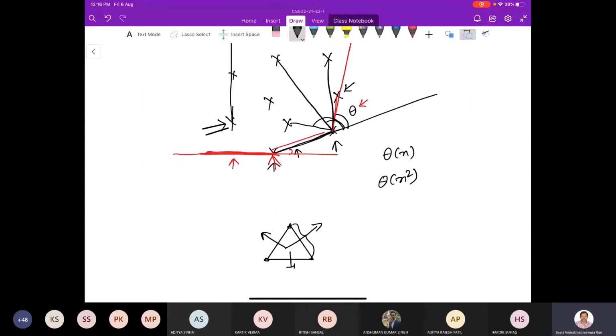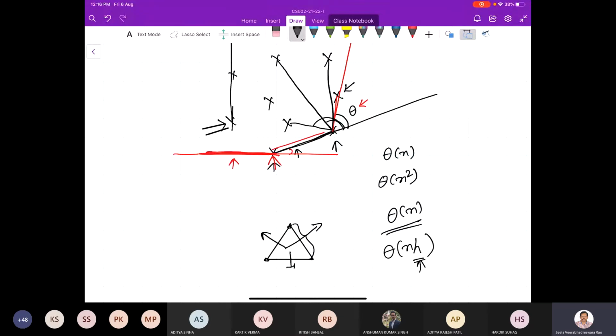Now, the number of edges on this convex hull, in the worst case, can be order n. Suppose the number of edges on the boundary of this hull is h, then the time complexity becomes order nh. h can be a constant, or it can be order n.